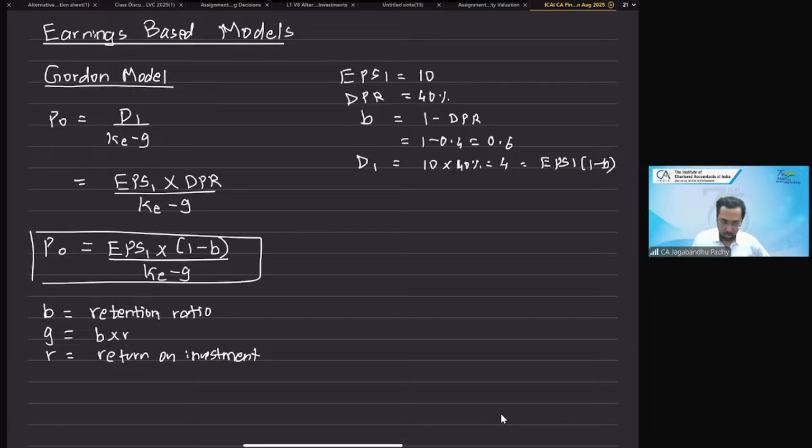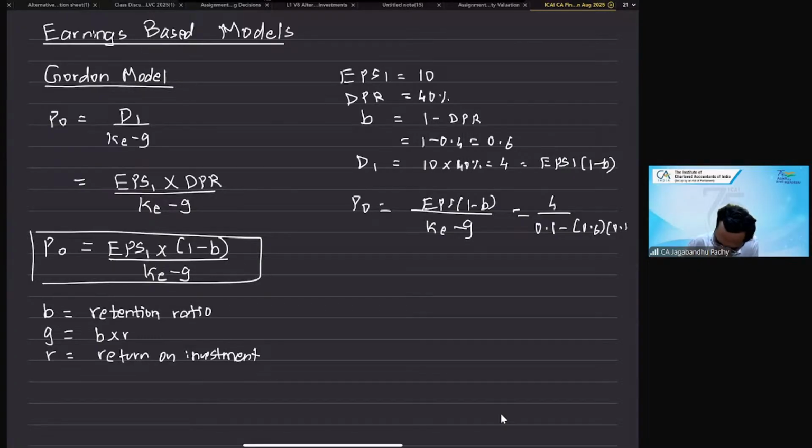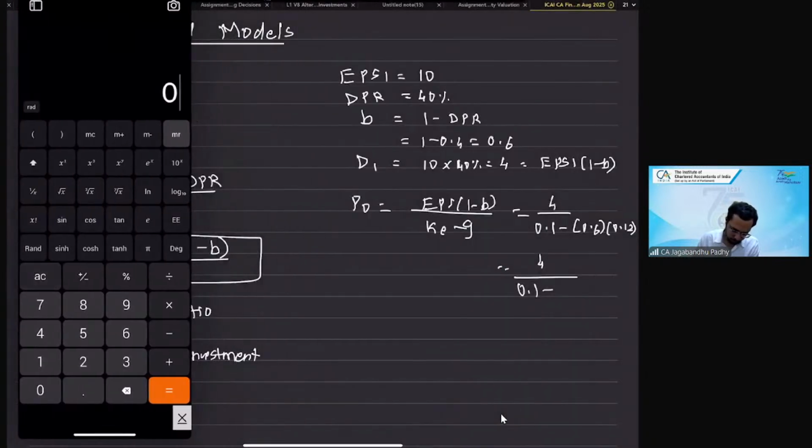Using this formula, we can get the price of the share as EPS into 1 minus B upon K minus G. EPS into 1 minus B is 4. Let's say K is 10%. Then the growth rate is B into R, where B is 0.6 and let's say the return on investment is 12%. So this is 4 upon 0.1 minus 0.6 into 0.12, which is 0.072.